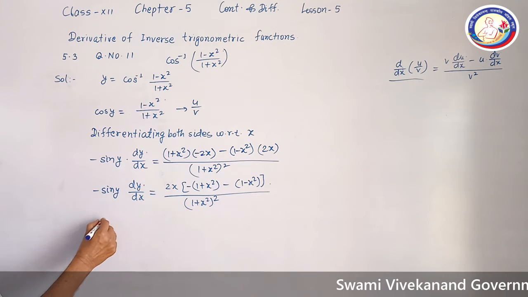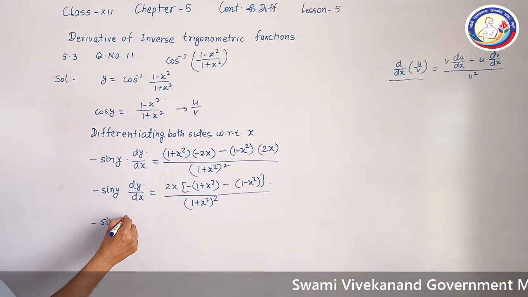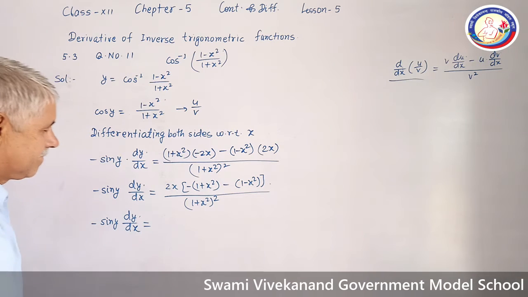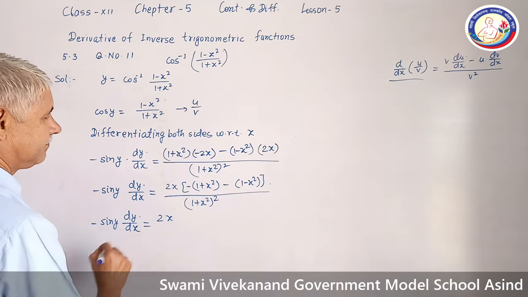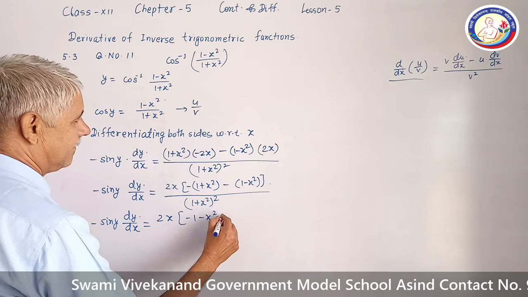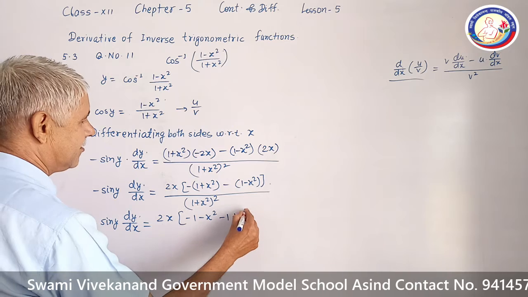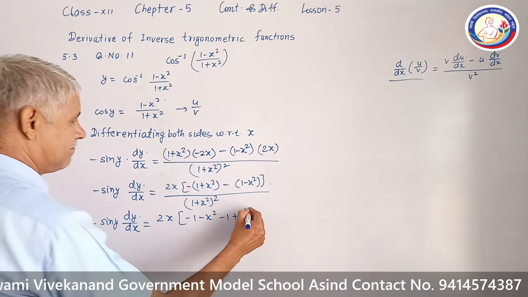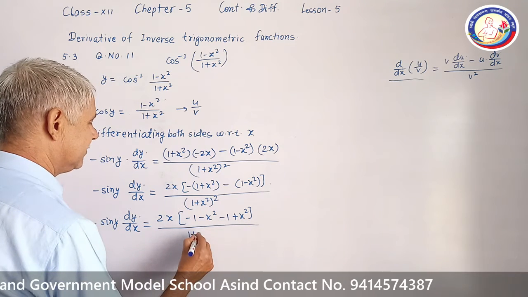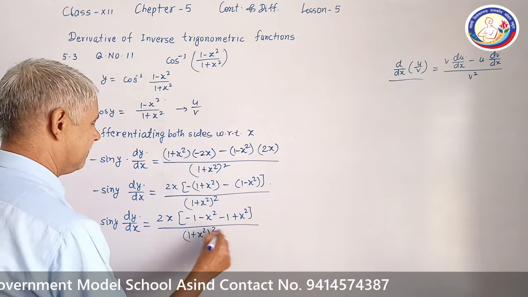Further, minus sin y, derivative of y with respect to x. This will be 2x into minus 1 minus x square minus 1 plus x square, divided by 1 plus x square whole square.